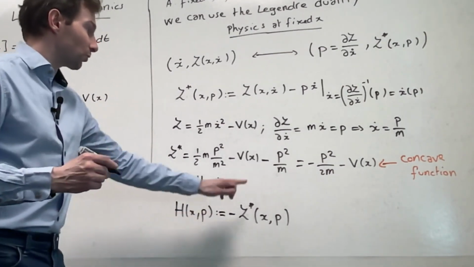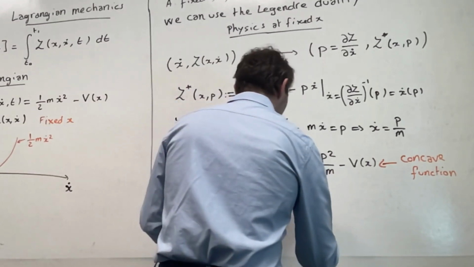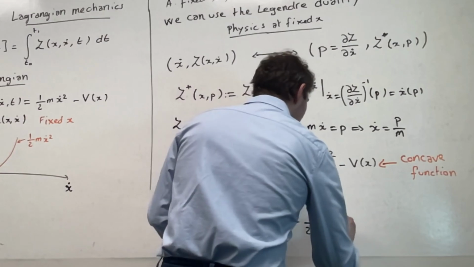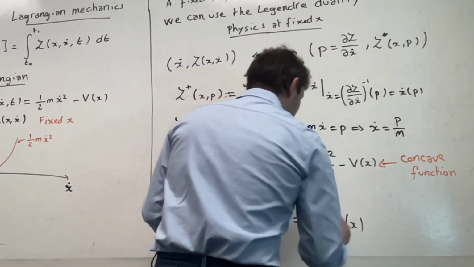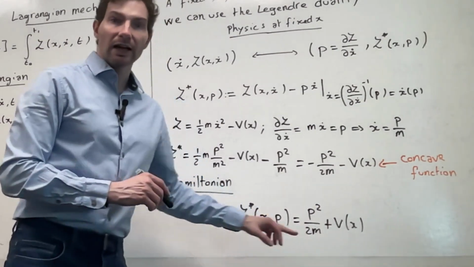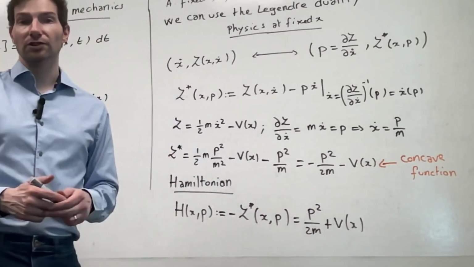And if we do that, what we notice is that this is equal to p squared over 2m plus V of x. And basically, this is interpretable as being the total energy of the system.